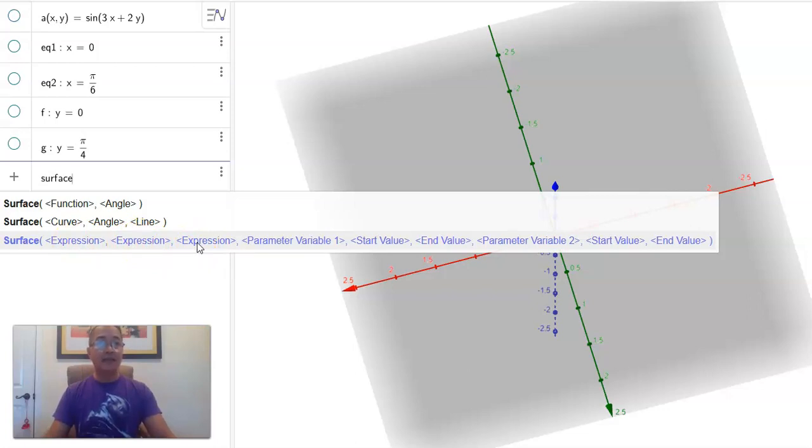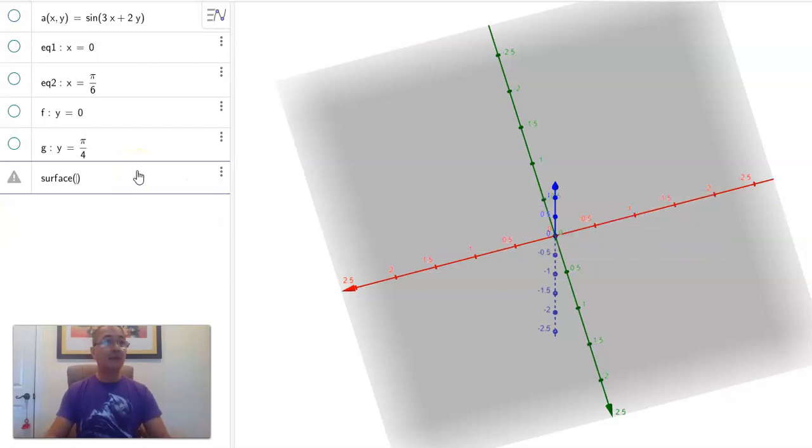This has the advantage that we can restrict x and y. We only want to go from 0 to pi over 6. So first parameter x will go from 0 to pi over 6. Y will go from 0 to pi over 4. So that's what we're going to do. X first, then y, then sine of 3x plus 2y. Get out of the parenthesis, put comma.